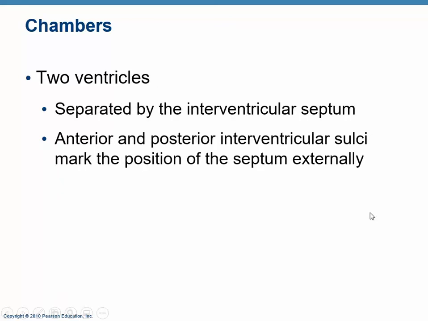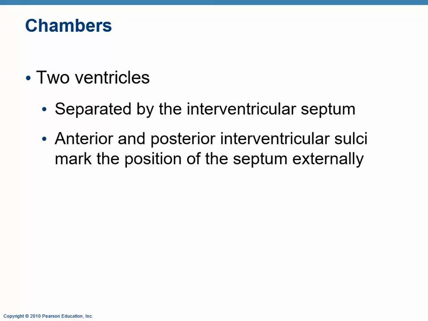There are 2 ventricles, and the ventricles are the big muscular parts of the heart that do the pumping. There are a left and a right ventricle. In between is a very robust muscular wall called the interventricular septum.